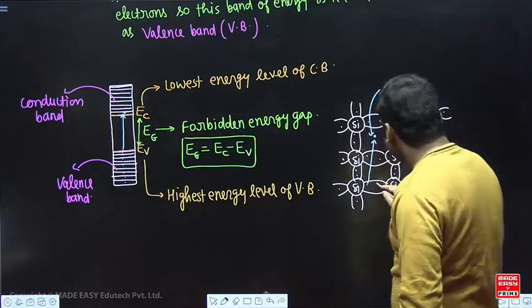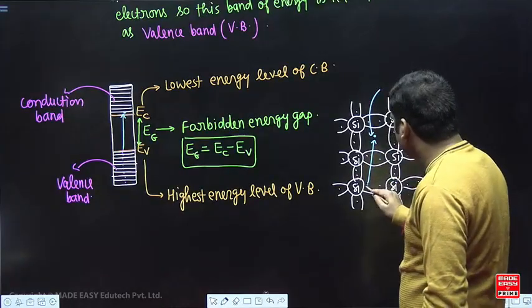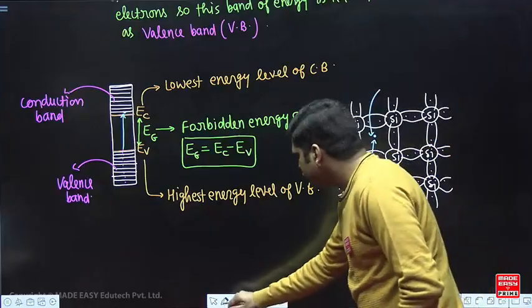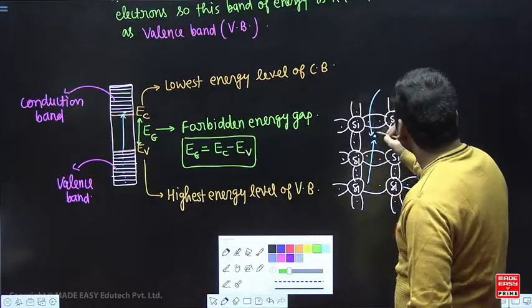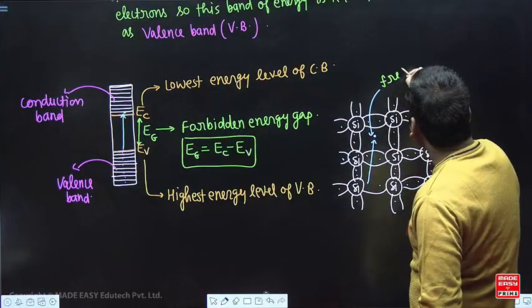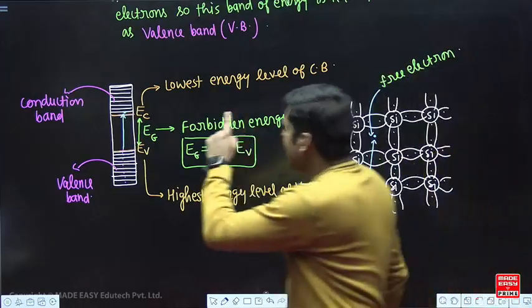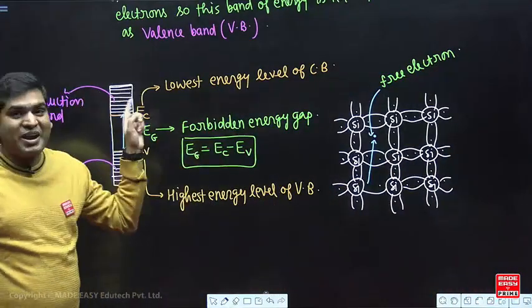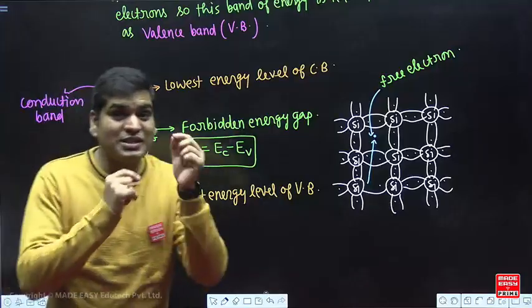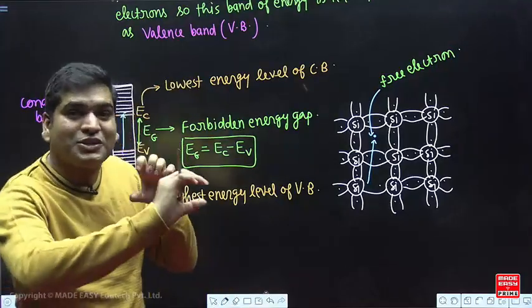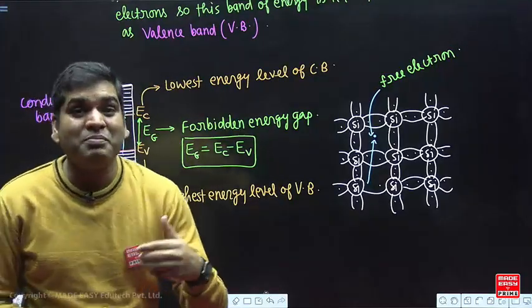So as soon as this electron leaves this position, a covalent bond is broken. So now this electron is not in the bond, it has become a free electron. Any electron which is in the conduction band is a free electron. It is not in the bond, and free electrons are able to move in the material.